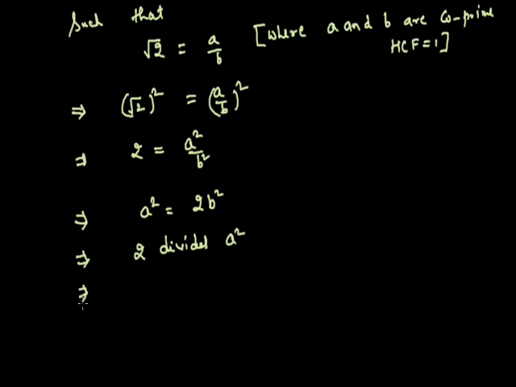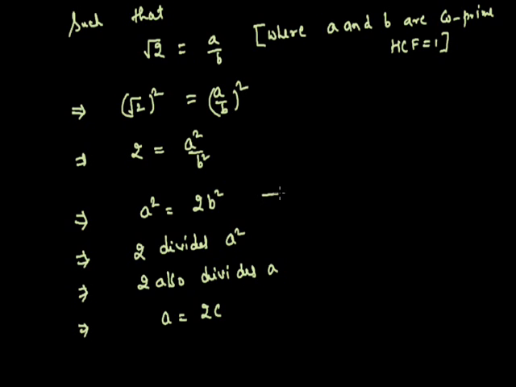If 2 divides a square, then 2 also divides a. If 2 divides a, then we can say that a is equal to 2c, because 2 divides a and c is a quotient.